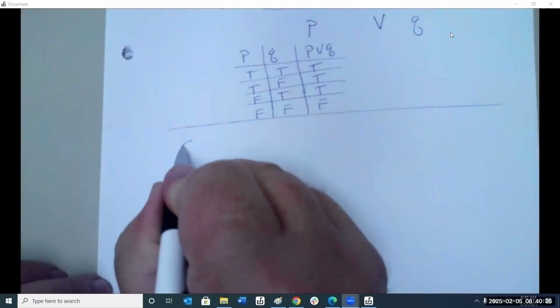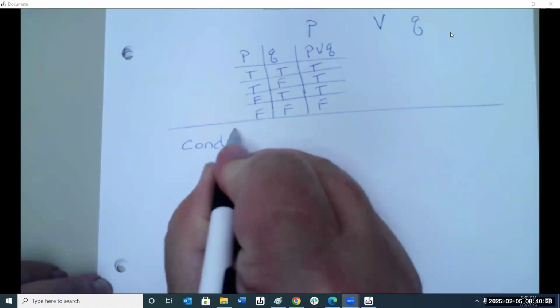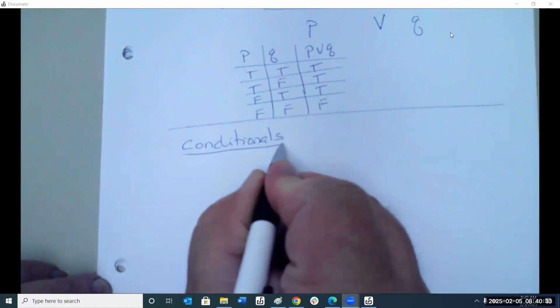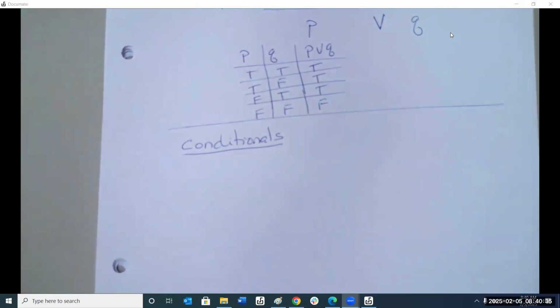The next topic. Conditionals. Have you ever heard of conditionals before? Yes, you have. You grew up with it. Didn't your parents, mom or dad or whoever, your teacher say, if you don't clean up your room, you can't go outside?